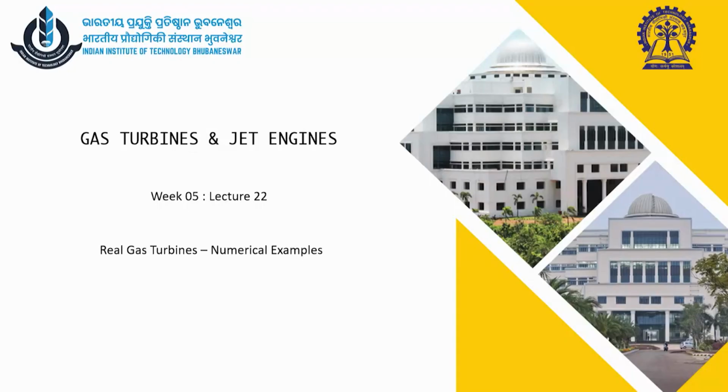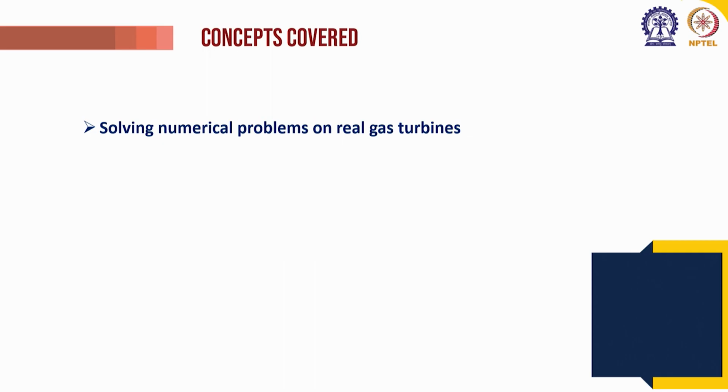So, some design parameters, known parameters, are given or fixed, specified. Based on that, we want to find out the performance parameters, the performance of the engine. Okay. So, let us take up a problem which has multiple differences as compared to the ideal cycle, and then we will try to see what parameters we obtain and how it is different from the ideal cycle.